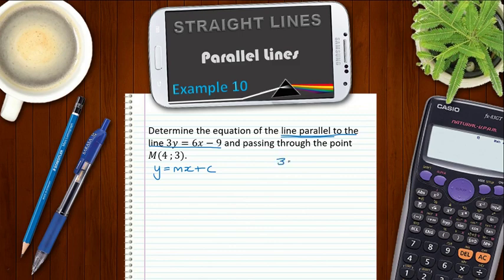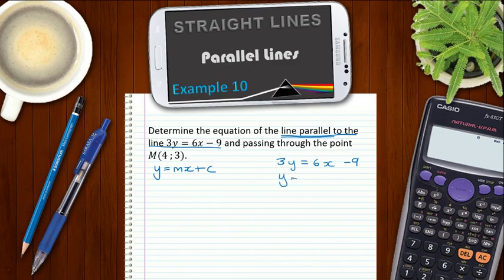So if I say 3y equals 6x minus 9, I know my gradient for standard form is the coefficient of x. But before we can take that, we first need to isolate y, because this equation is not in standard form. So to put this in standard form, I need to isolate y, get y on its own, and therefore I need to divide everything by 3.